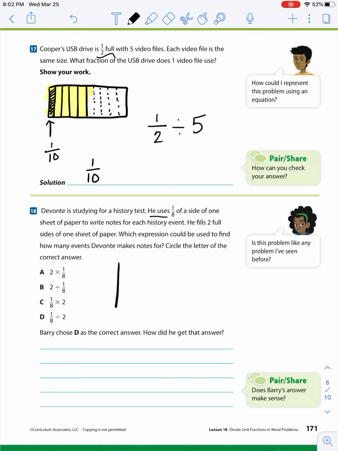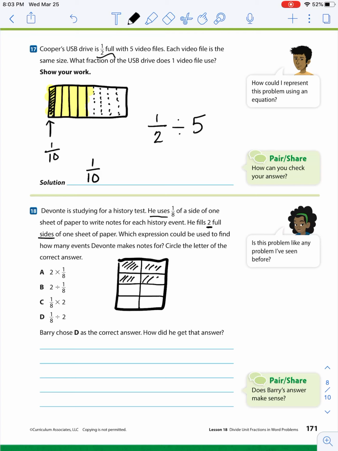Okay, so I'm going to picture Devonte has a sheet of paper. Remember, a sheet of paper has 2 sides. He uses 1/8 of a side of that sheet of paper to write notes for a history event. So let's see, 1/8. 2, 4, 6, 8. So he can do a history event right there, another history event there, and another one there.